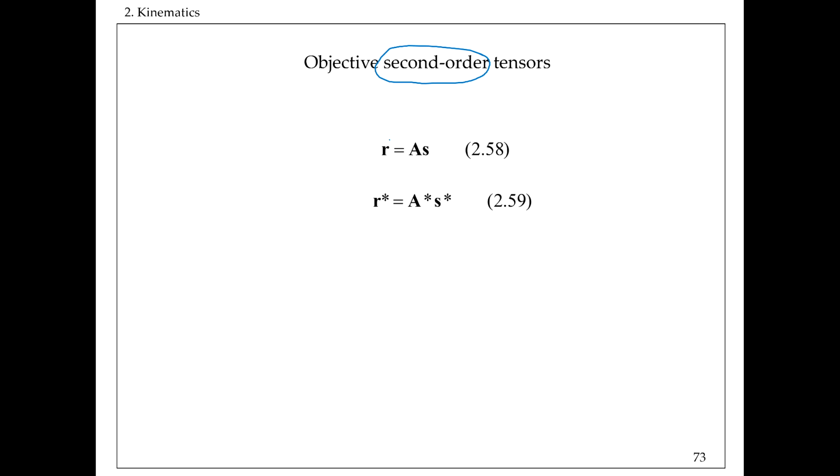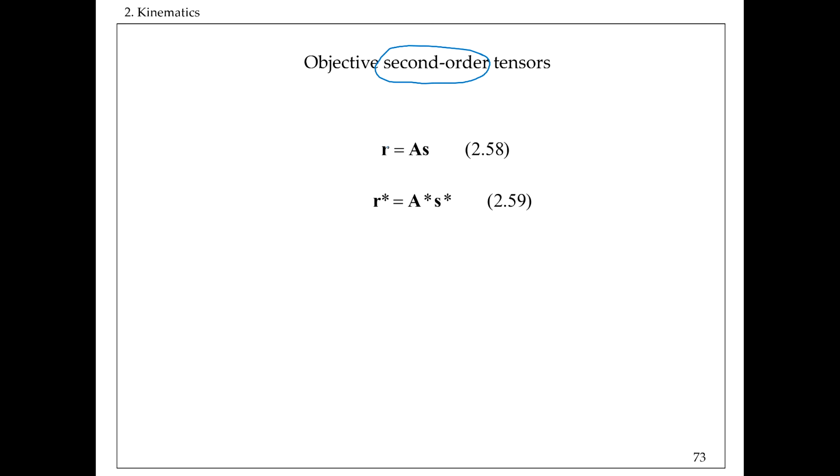So this is our second order tensor A. It acts on S and produces a new vector R. Now let's say we know for sure that S and R are objective, so they obey our old formula 243.